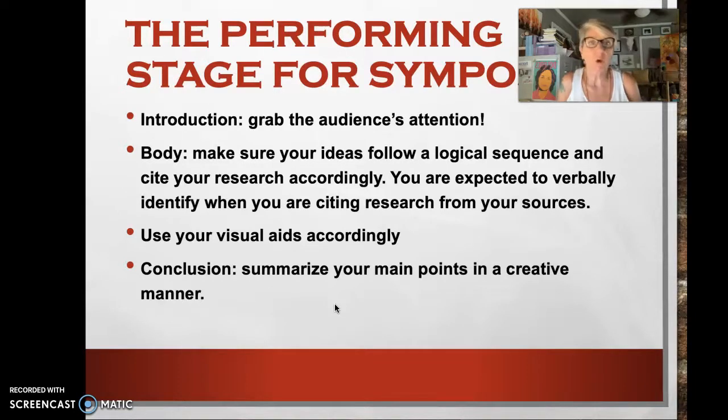Give us an idea of what we're going to be hearing about. And then at the conclusion, find a way to summarize what it is we just heard. You're not going to be able to go over the whole thing, but give us a little abstract version of the end. Like, what did we learn from this? And you can say that conclusion in your own words.